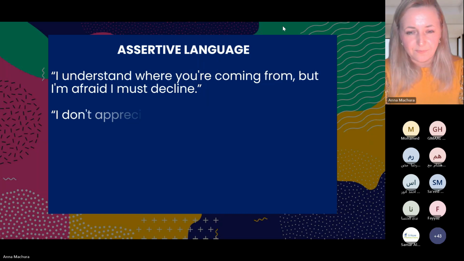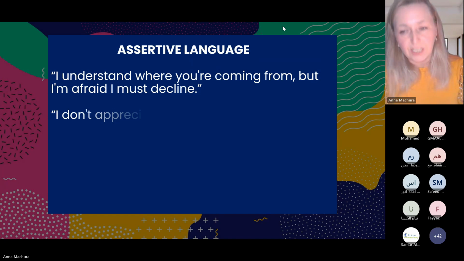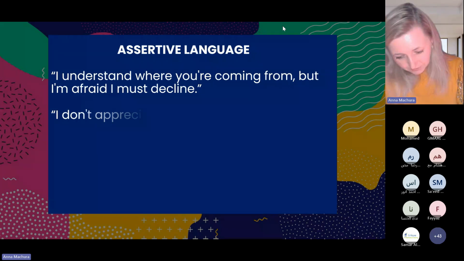Assertive. I think it's straightforward, clear. Clear, yes. Straightforward. And the message is communicated very well. Indeed. And basically, yes. Specific and clear.